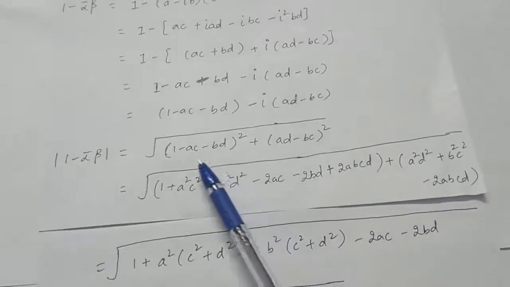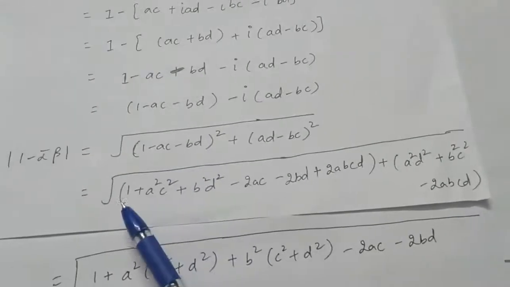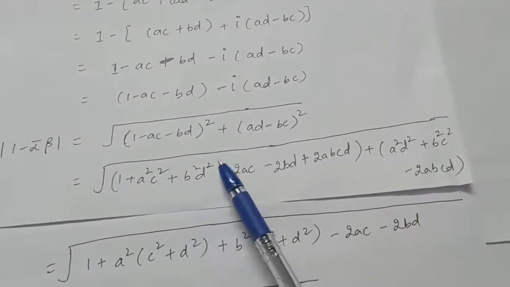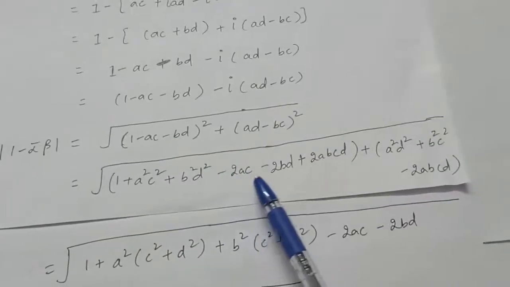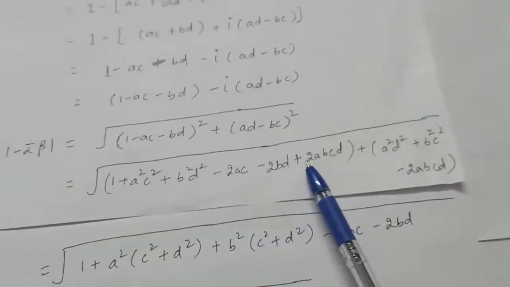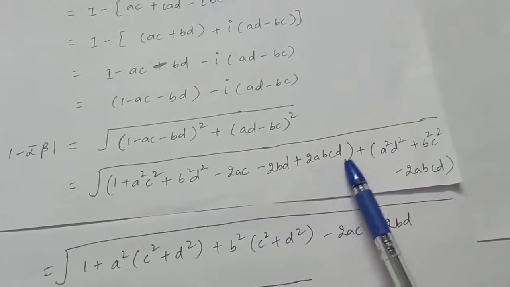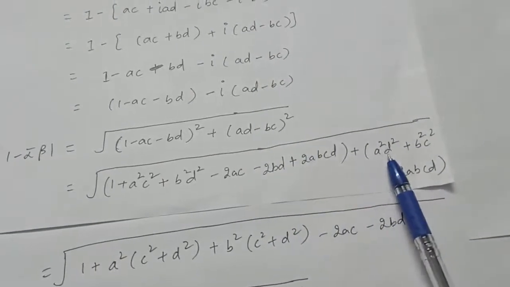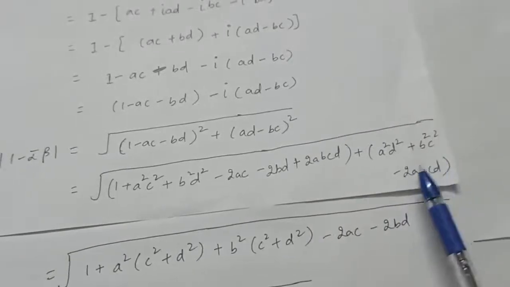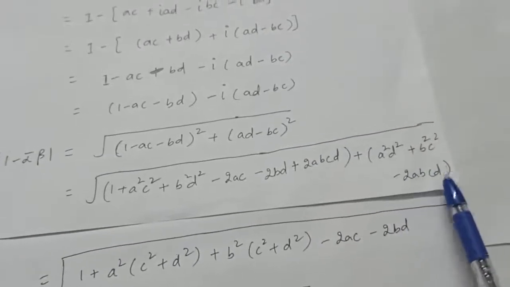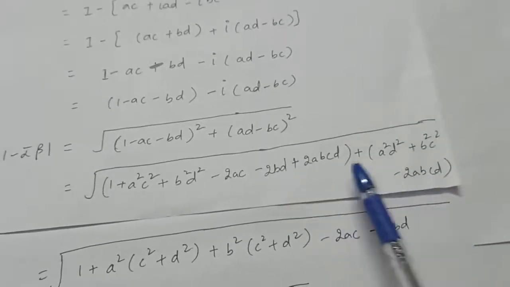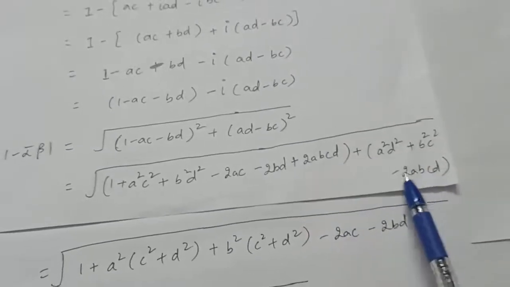Now root, solve the square of this: it will be 1 plus a square c square plus b square d square minus 2ac minus 2bd plus 2abcd plus, open the square of this, it will be a square d square plus b square c square minus 2abcd. Now see, this is plus 2abcd, this is minus 2abcd, so these two will get cancelled.